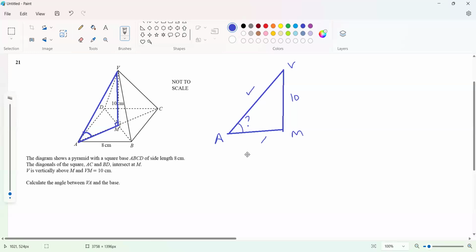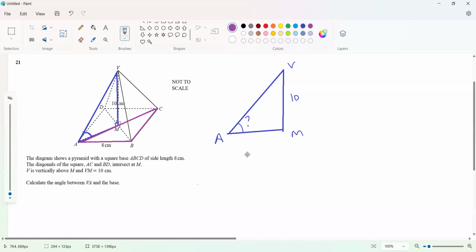Based on what we have at the moment, we know that this is a square base, so this is 8. So if this is 8, we can first find the diagonal length, because these two sides are 8 cm. I can find the full diagonal by applying Pythagoras' theorem on the bottom triangle.